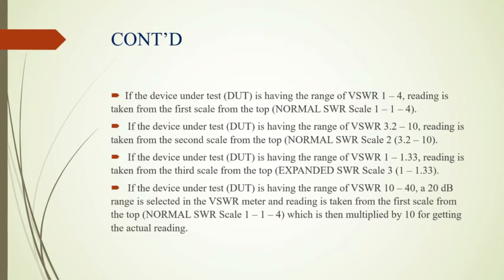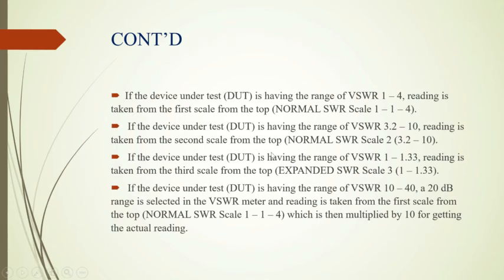If your device under test has a scale of 1 to 4, you use scale 1. If it has a scale of 3.2 to 10, use scale 2, and if it has a scale of 1 to 1.33, you use scale 3.